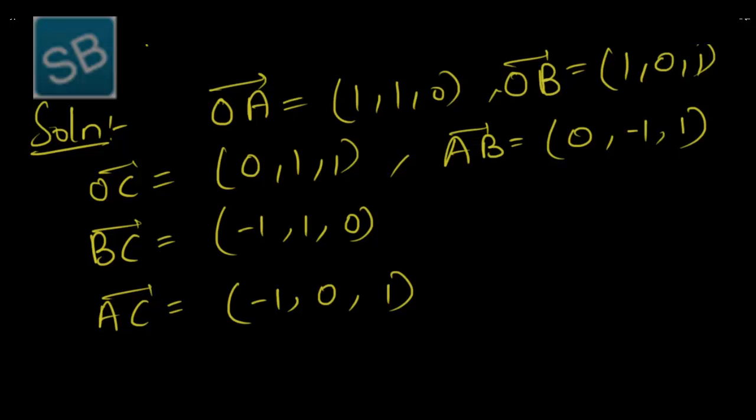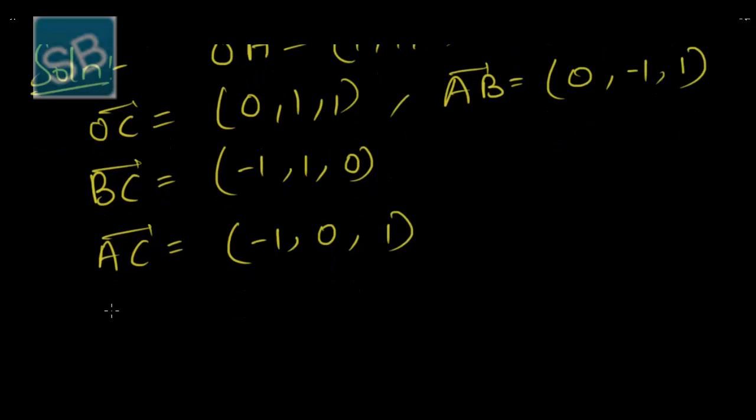Now we will find the length of OA, BC and all sides, as they are equal.